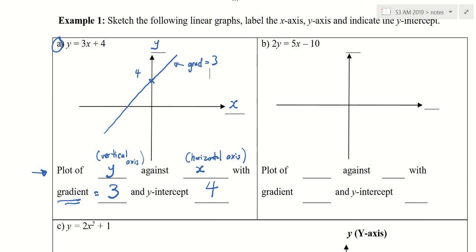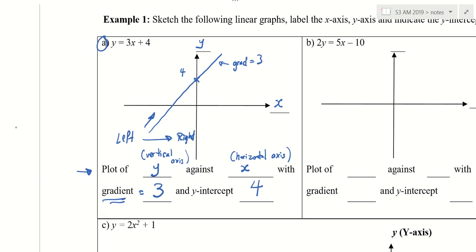Where got negative? So we revise again. From left to right, if it's going upward, it's positive. Similarly, if from left to right it's coming downward, then this is a negative gradient. Never right to left, it's always from left to right.